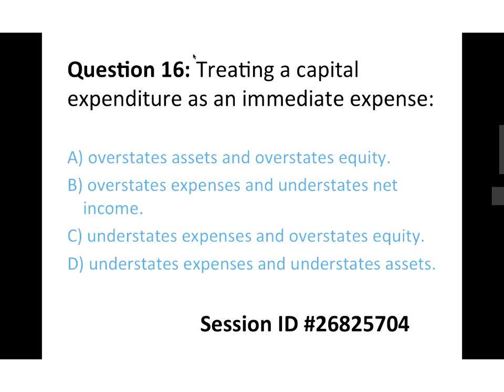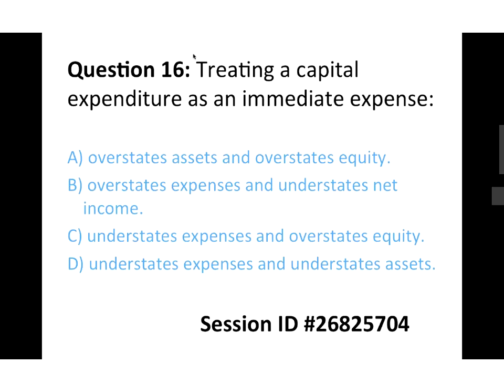Treating a capital expenditure as an immediate expense, what does that do? So let me give you an example of what I'm talking about. Let's say you buy a building for $1 million. So you spend $1 million on a building this year, and you're going to use that building for the next 30 years.